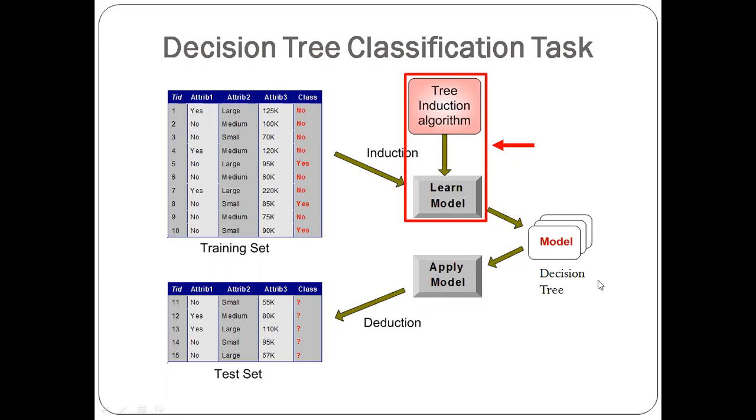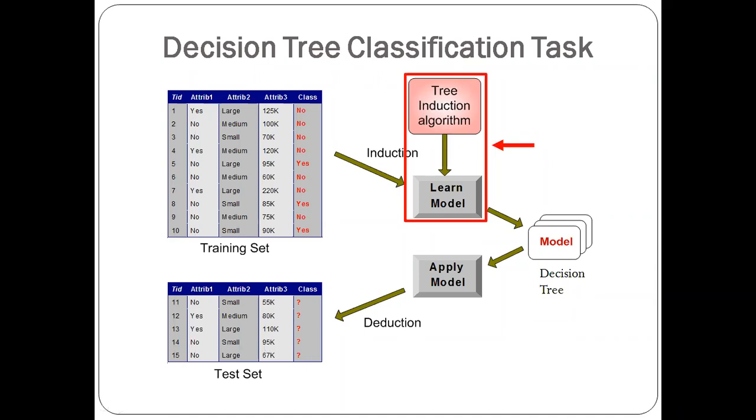Once we build the model, we use it to classify a test set. The test set will not have class labels assigned, so for these test records we need to apply the model and find the class label.